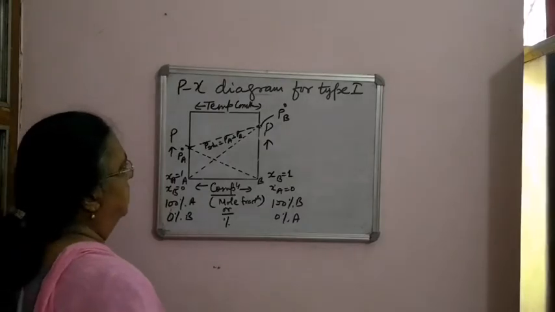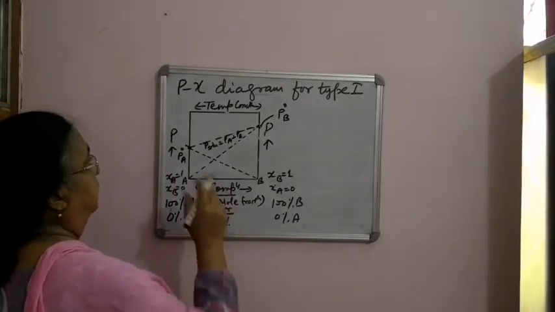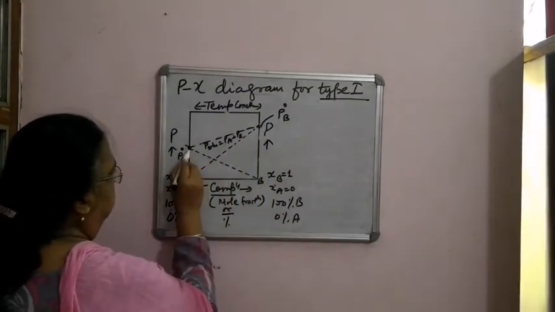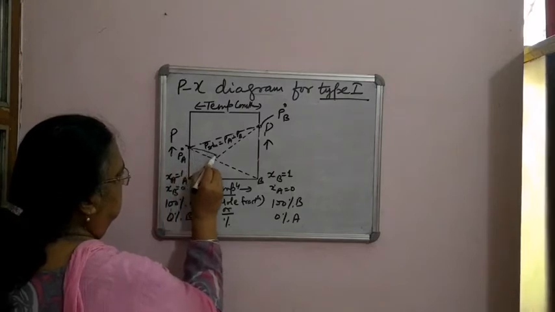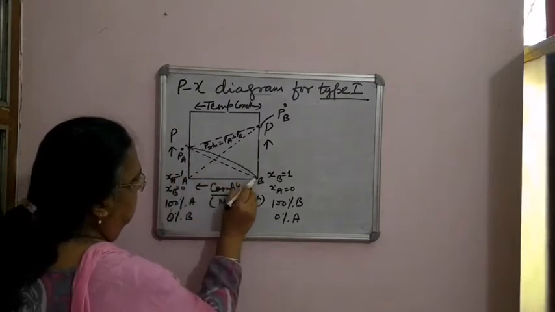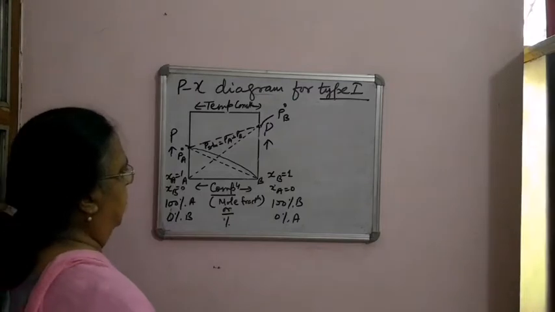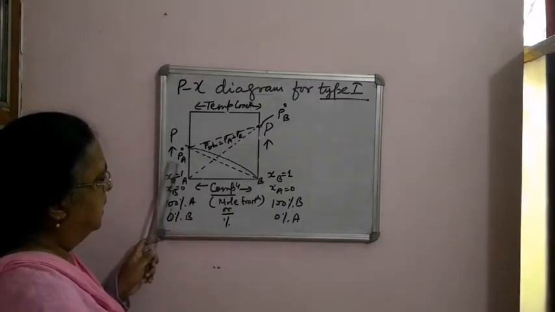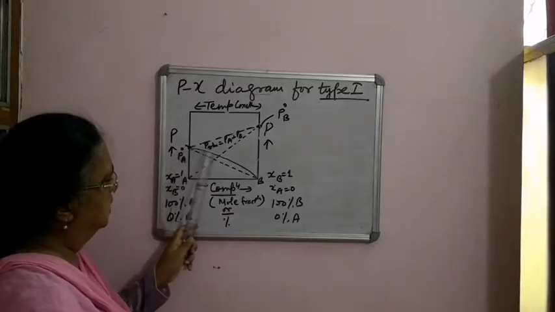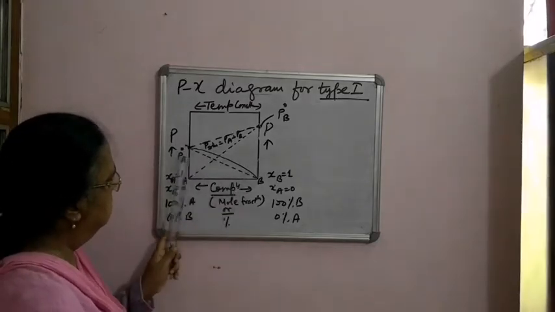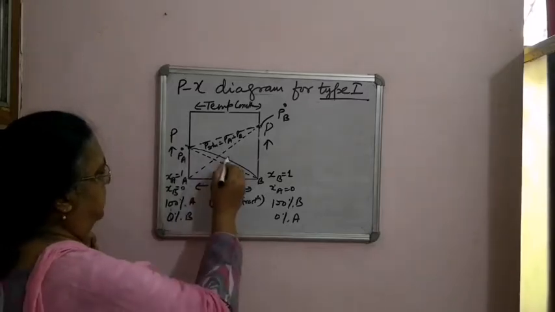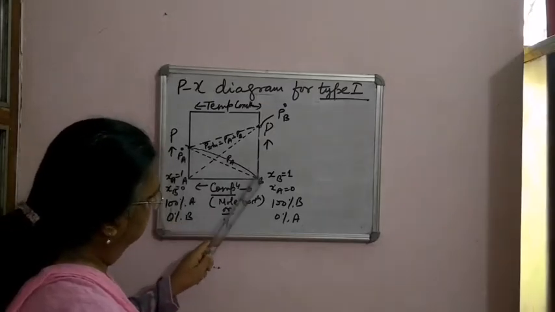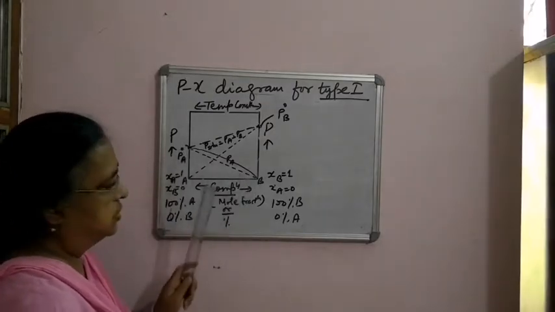For non-ideal solution, type 1, what we have is that the vapor pressure of component A will show a curve upward. This means PA, the partial pressure of component A, is more than the ideal condition.